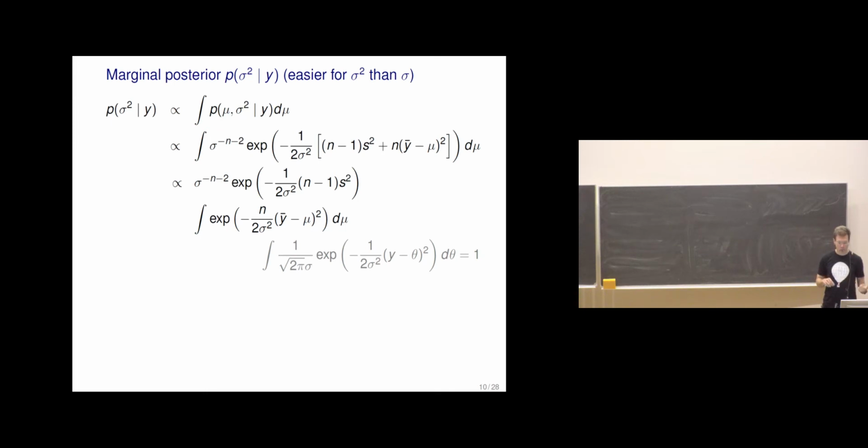And then we are missing that part in front of the exponential. But from that we can infer that this integral has to be the square root of 2 pi sigma squared divided by n.